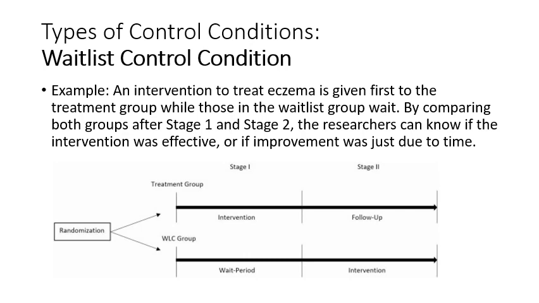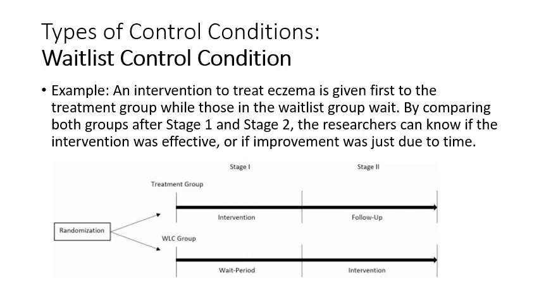The waitlist control condition is one in which individuals will all get the treatment, but the participants in the control group will wait. So this has a delayed time factor. If you look at the diagram on the bottom, you can see that a bunch of participants are going to be treated.